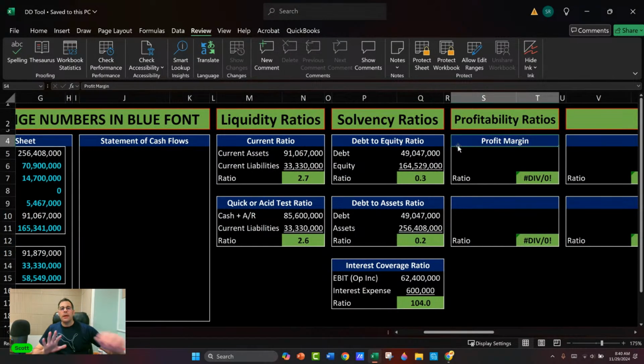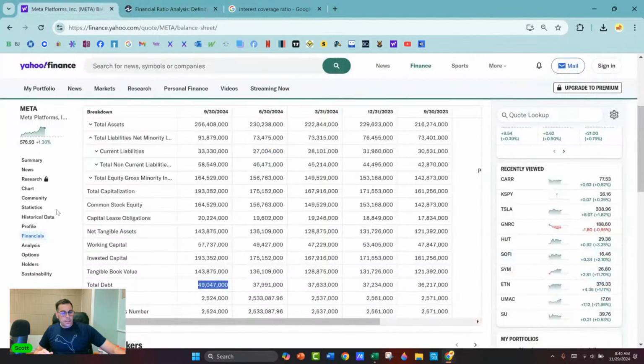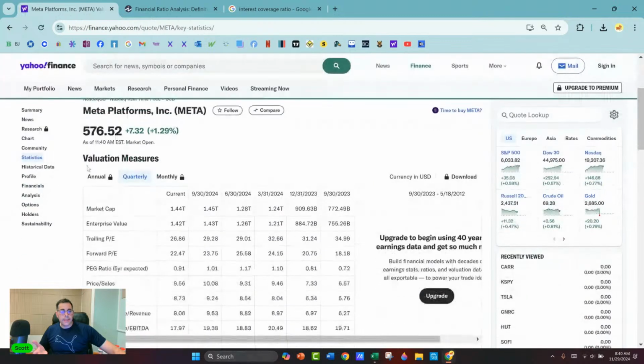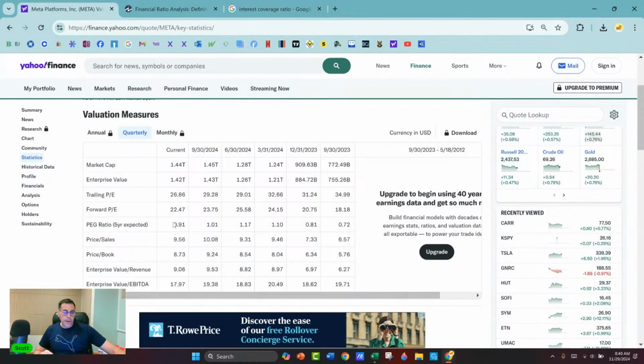I think a lot of us look at ratios, like we go to websites like Yahoo Finance, and then we go to stats, and then you can see the PE ratio, you see the PEG ratio, price to sales, price to book, and that's great if you're doing that.